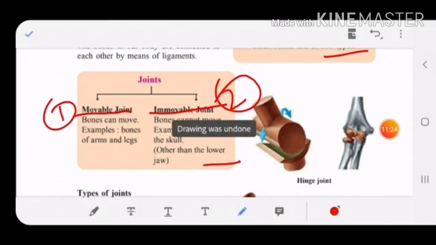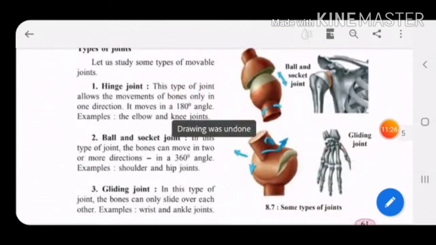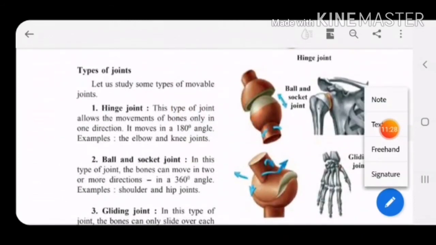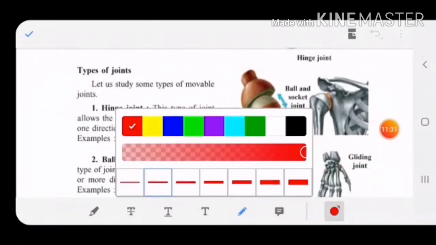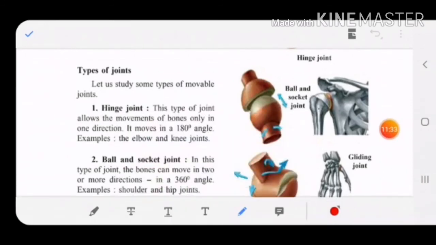Okay. Now there are some types of joints, children. Very important. There are three main types of movable joints. The first one is a hinge joint. This type of joint allows the movement of the bones only in one direction. It moves in a 180-degree angle.